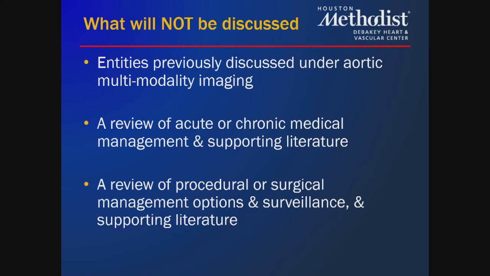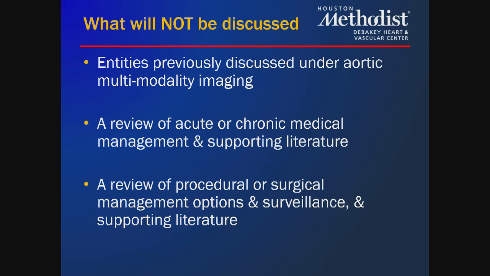I'm sure our colleagues have already given a good overview of that. I'm not going to go over a review of acute or chronic medical management and the supporting literature. That's what the entire specialty of vascular medicine and vascular surgery is for. And I'm also not going to go over a review of procedural or surgical management options and surveillance or the supporting literature. Again, that's an entire field in itself.